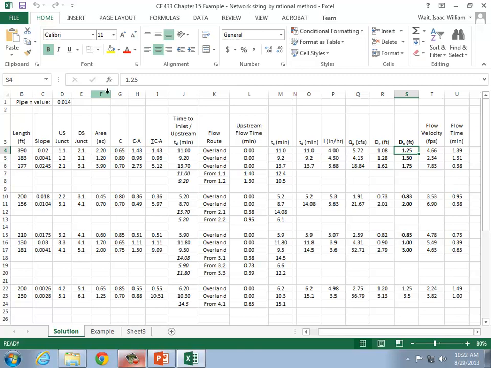So it's going to be 13.7, because of the three options for water getting into pipe C, there was option 1, which is flow over the surface, option 2, which is flow over the surface then through the pipe, or option 3, which is flow over the surface into the pipe and then finally getting to pipe C. Of those three, what takes the longest is just the overland flow directly into junction 2.1. So that's why we've picked 13.7 for that TD.